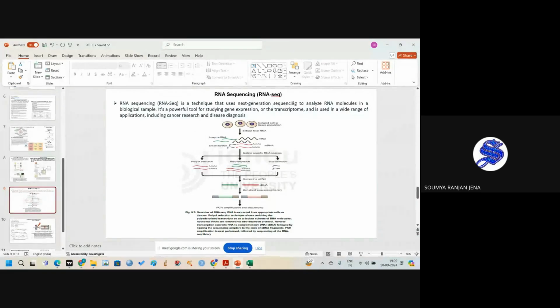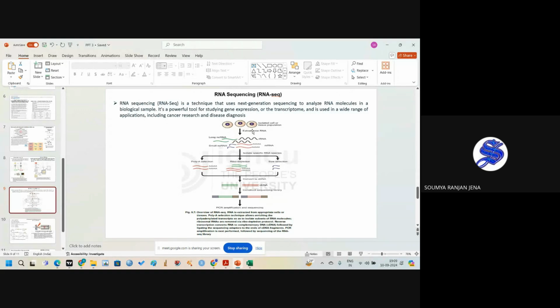It is used in a wide range of applications including cancer research, disease diagnosis, and SNP (single nucleotide polymorphism) detection.